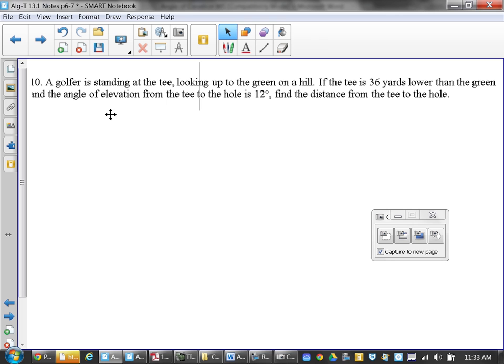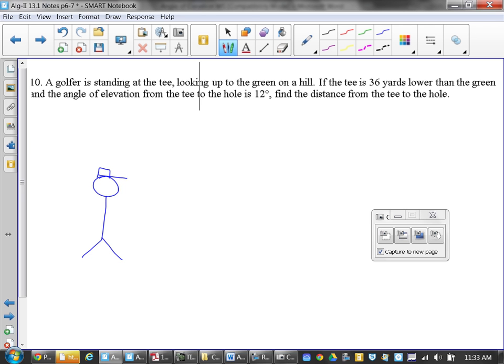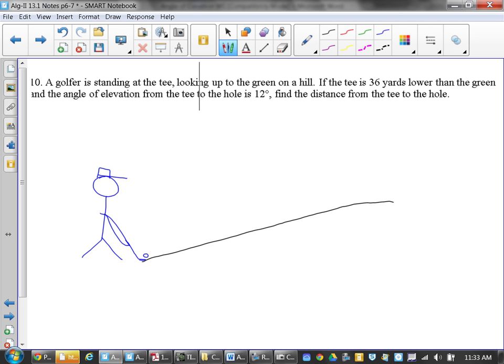So, let's look at what this is. You have a golfer who's wearing a hat, because golfers wear hats. The hill is 36 yards up.